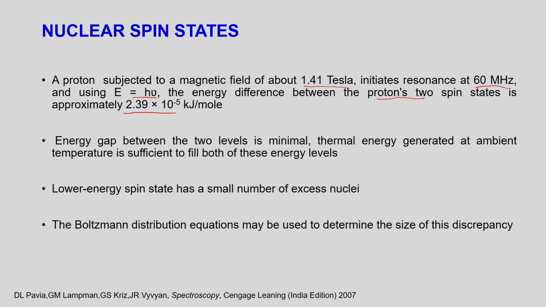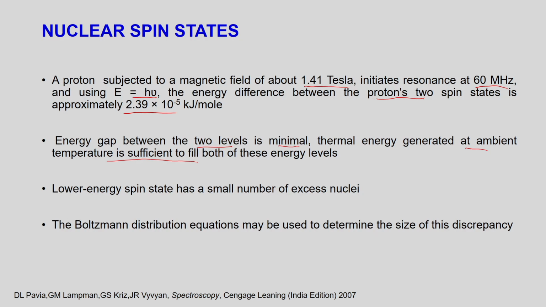As I told you, at ambient temperature the difference between the two levels is very small. So if the difference is small and all the energy levels are equally populated, how will we see this particular transition?